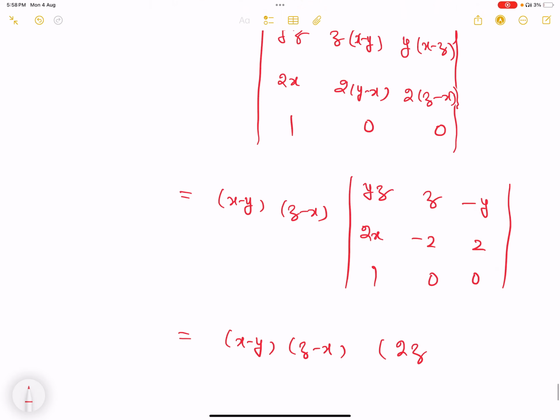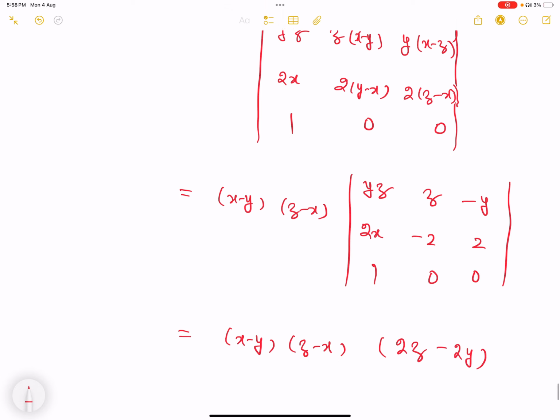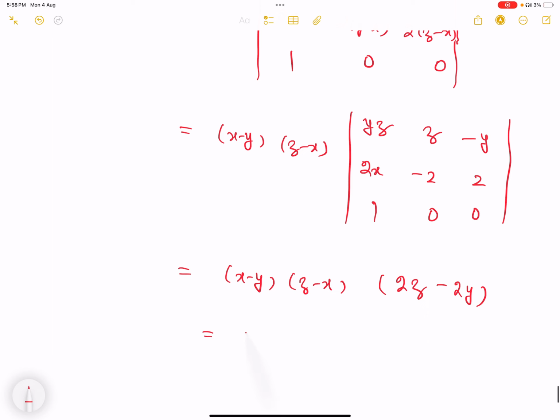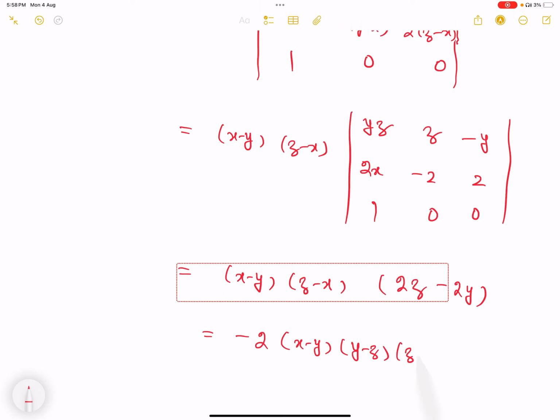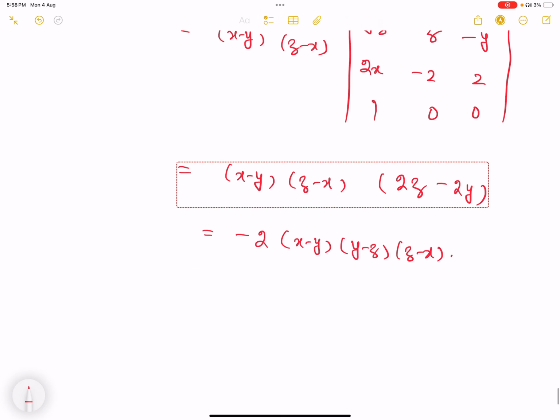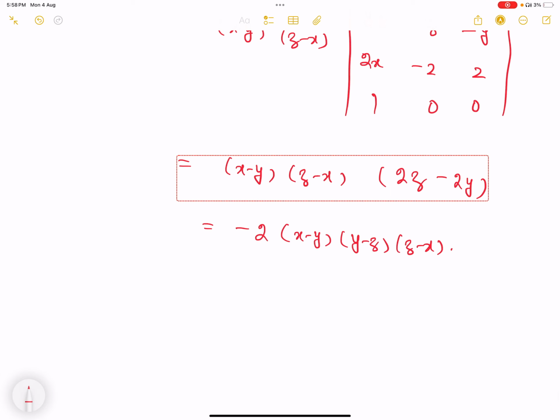So 2z minus 2y, you take minus 2 common. It is minus 2 (x minus y)(y minus z)(z minus x).